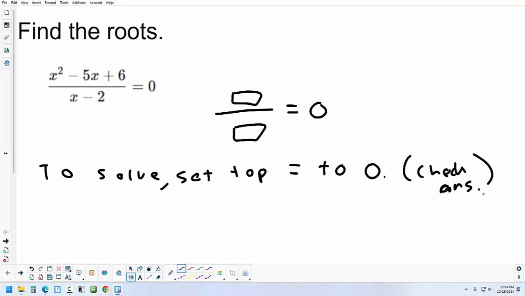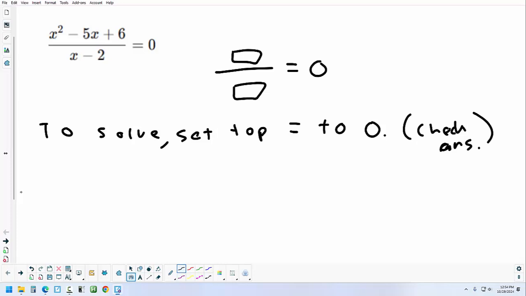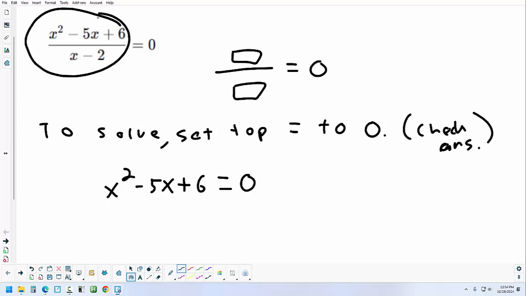Okay, so what's in the top of this fraction? X squared minus 5x plus 6. X squared minus 5x plus 6 equals 0. There's only one number that we're going to hope we don't get for the answer here. What number would be a problem to plug in for x in this whole thing? 2.